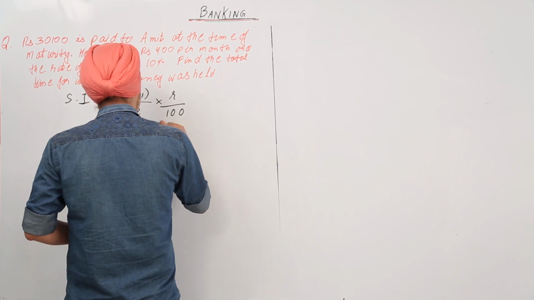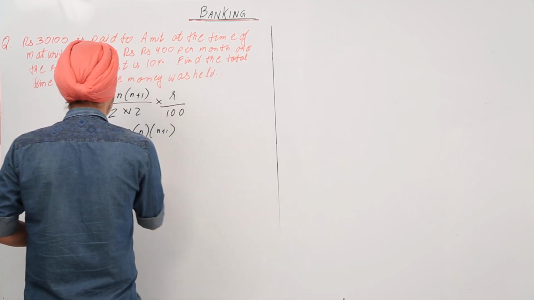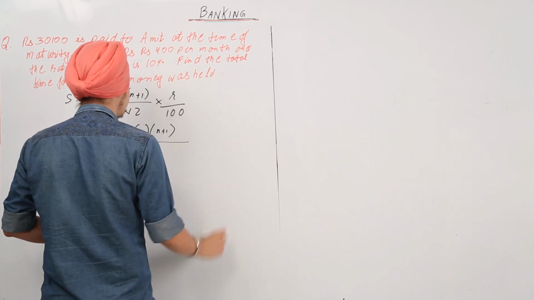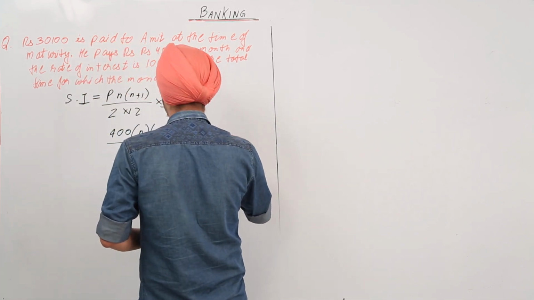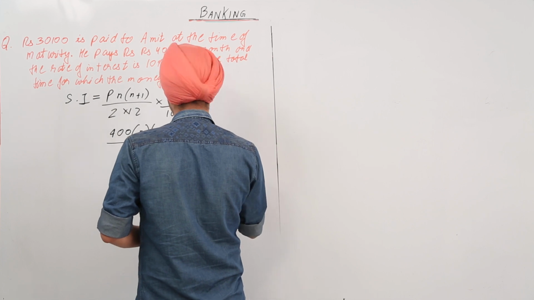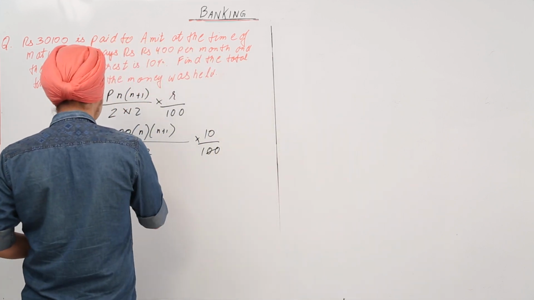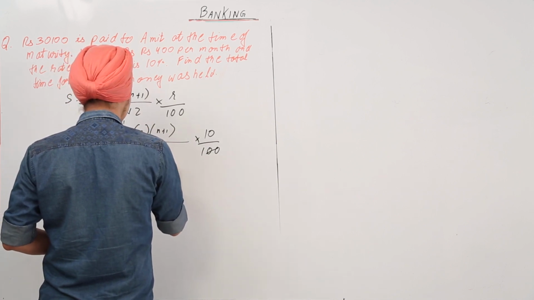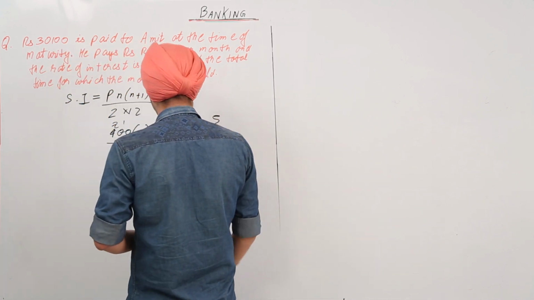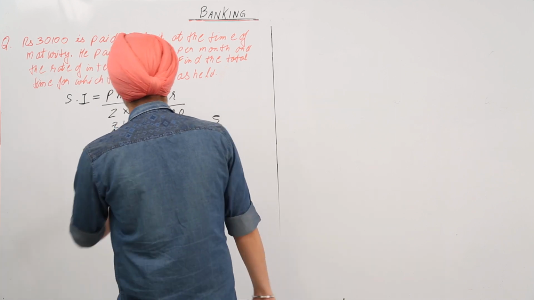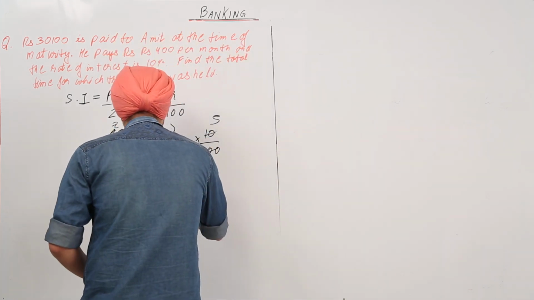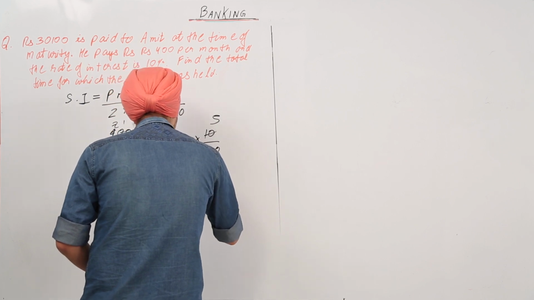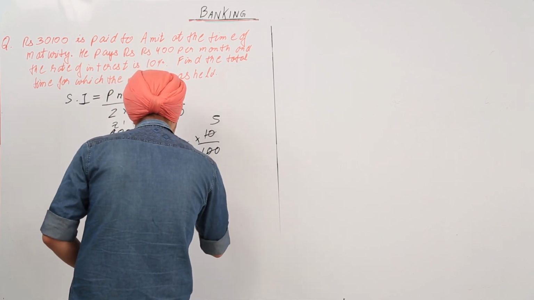So simple interest is equal to 400 into N plus 1 upon 2 into 12 into 10 upon 100. Simplifying this, we get a value that says 5 into N plus 1 upon 3.